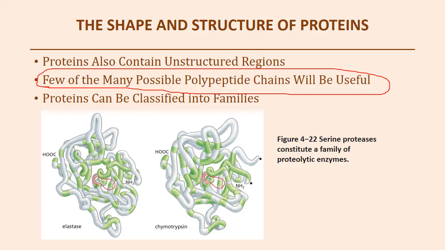We also see that proteins can be classified into what we call families. For instance, if we take a look at this illustration right here, this is our serine proteases. We can see that they have a collection of different proteins that are slightly different from each other, but more importantly, we see all these different green sections, and these little green sequences indicate areas where they have very similar nucleotide formation. So they have those green areas all in common.